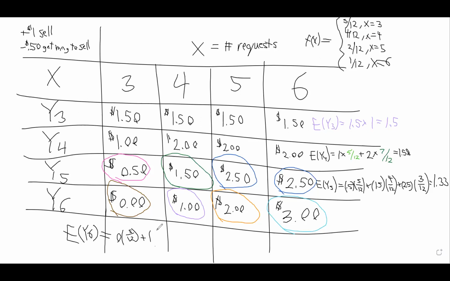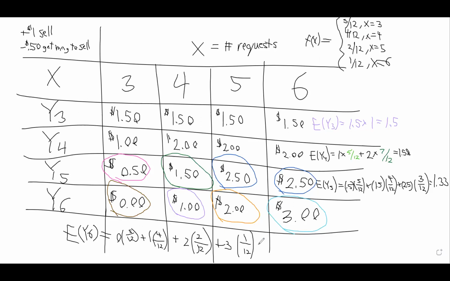Plus 1 times 4/12. Plus 2 times the probability that x is 5, which is 2/12. Plus another possible value of y sub 6 is 3, and the probability is when x is 6, probably x equals 6 is 1/12.